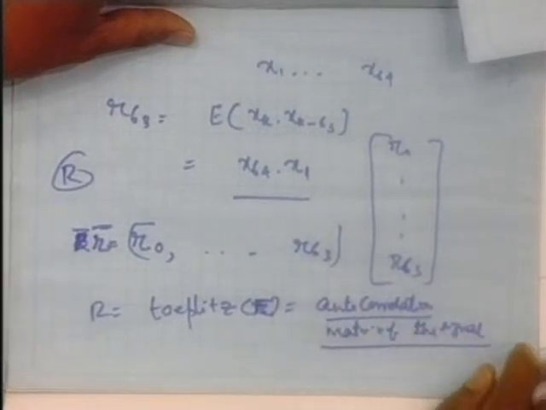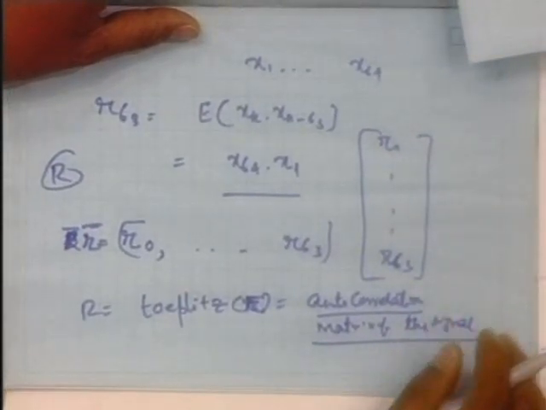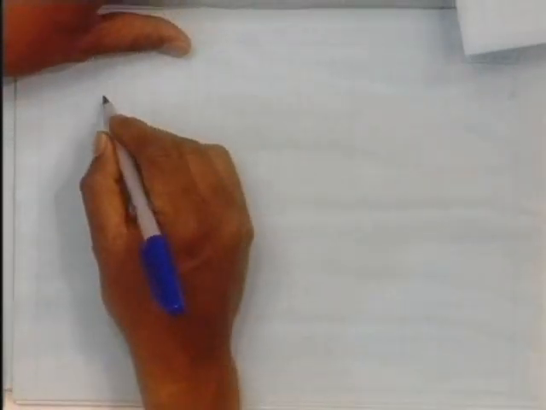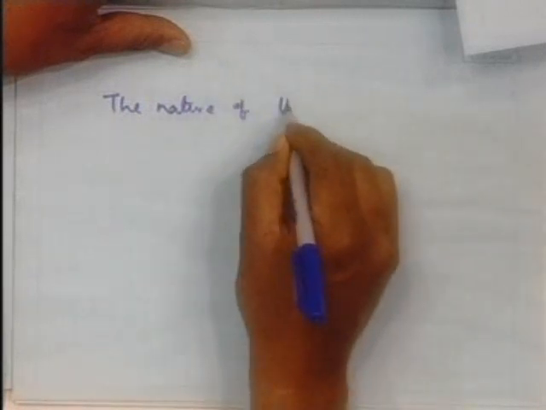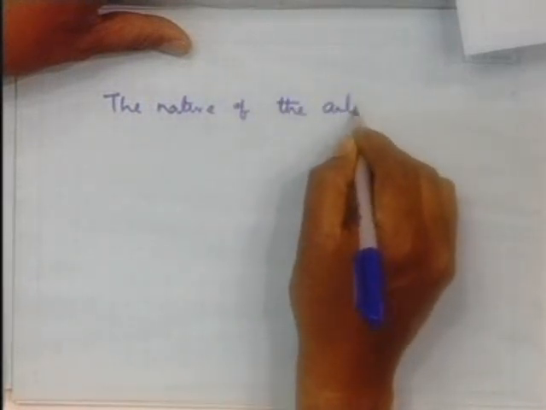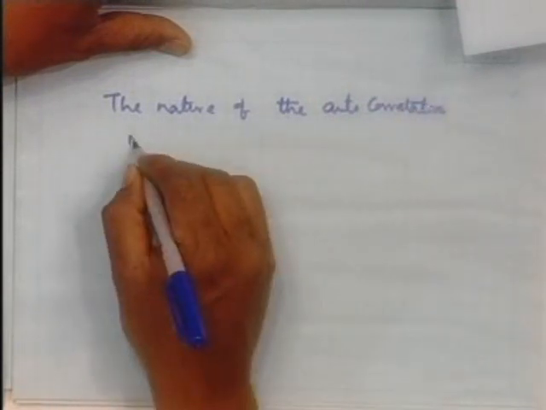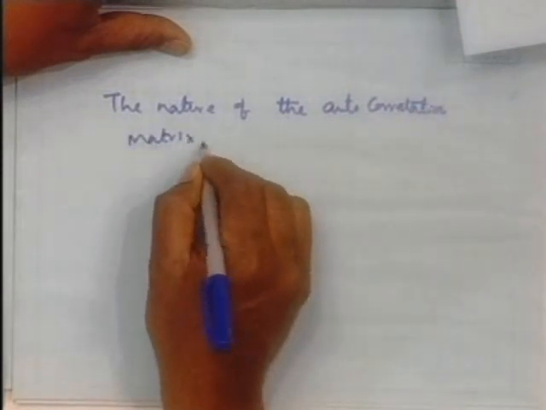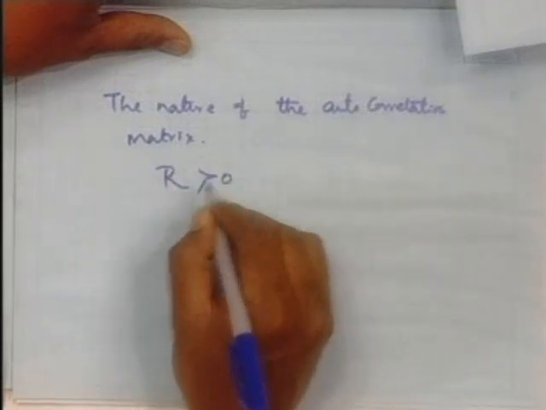So, this has far reaching results because of the nature of the autocorrelation matrix. First of all, this autocorrelation matrix R is positive definite.